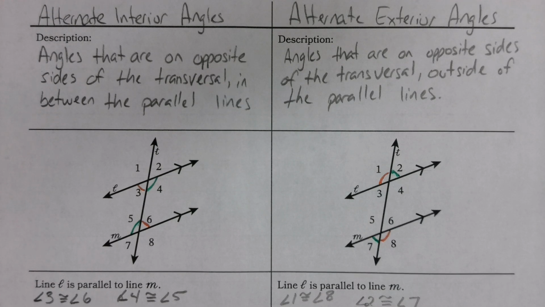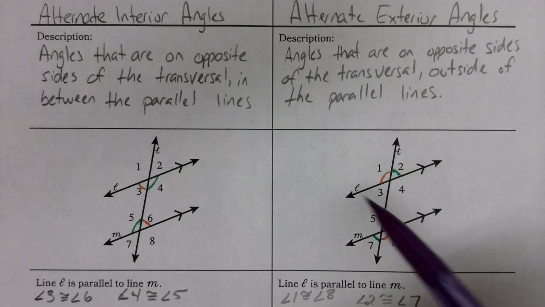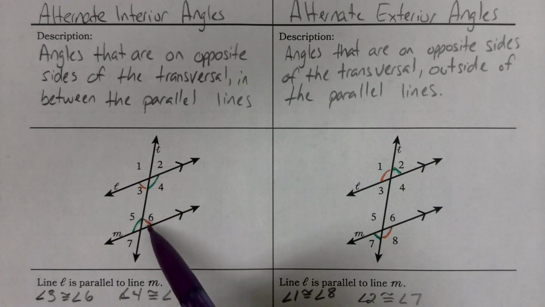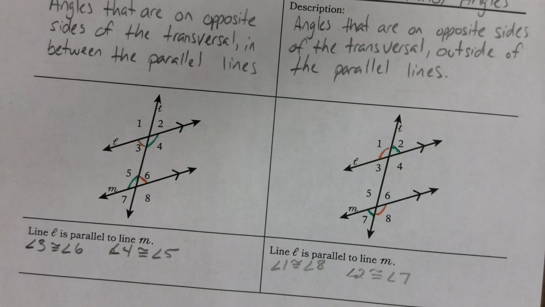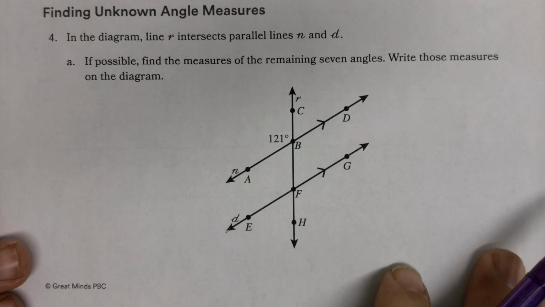So think kind of diagonally. The diagonal outside angles, the diagonal inside angles, those are congruent. Okay. And we're going to use this information in questions 4, 5, 6, and 7 to find some unknown angle measurements.